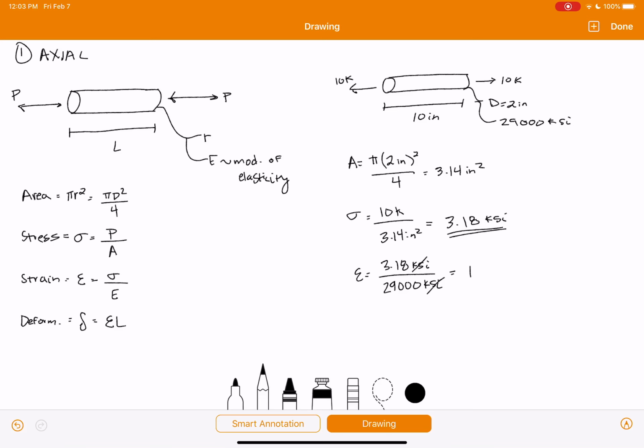And we'll get 1.10 times 10 to the negative 4. Then finally, we can find our deformation or our elongation, and that's just going to be our strain, 1.10 times 10 to the negative 4 times our original length of 10 inches, so we're going to get 1.10 times 10 to the negative 3 inches.